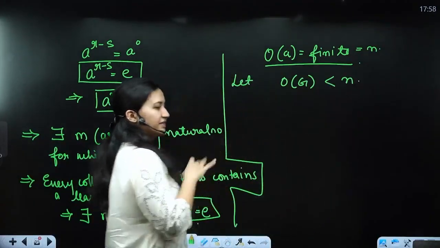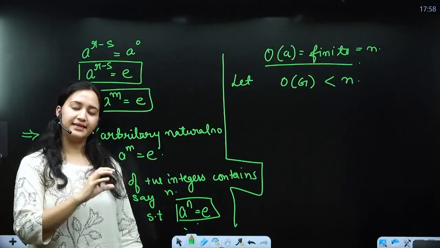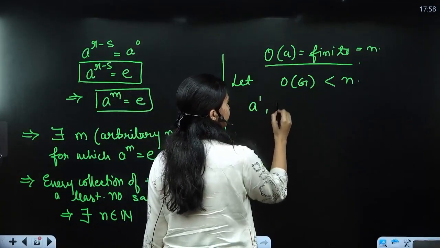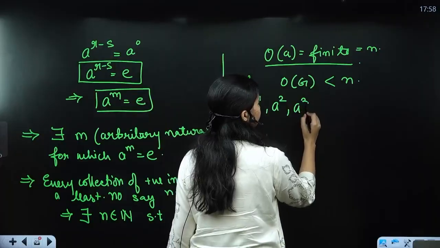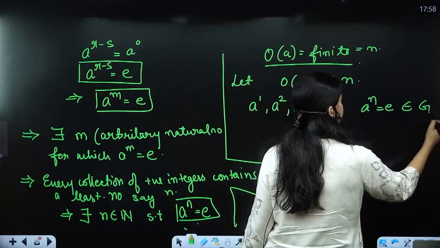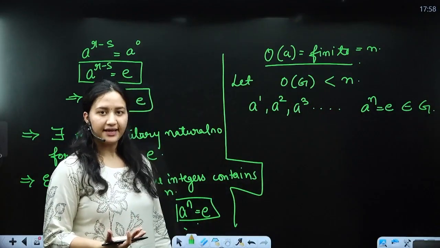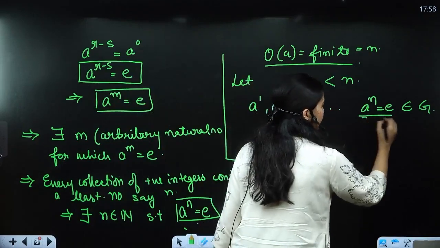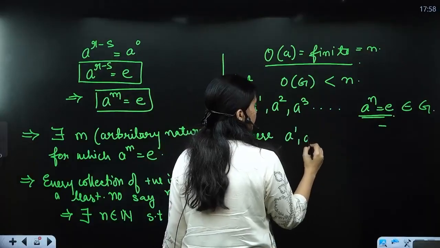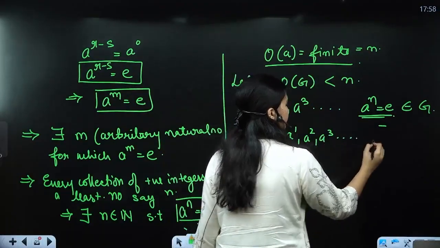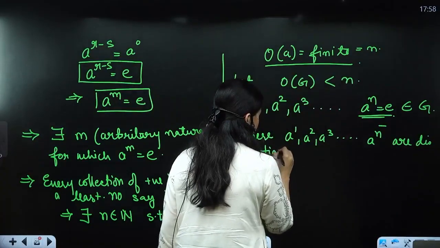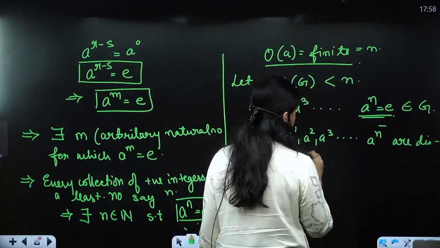Right. Now in the previous slide we saw the distinct elements of G. Let's say the elements are A raised to the power 1, A raised to the power 2, A raised to the power 3 up till A raised to the power n, which is equal to E. And all these elements belong to G. G is a finite group, right? And A, A square, A cube, till A^n are distinct elements.